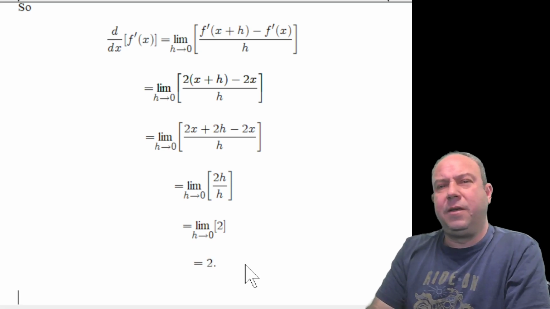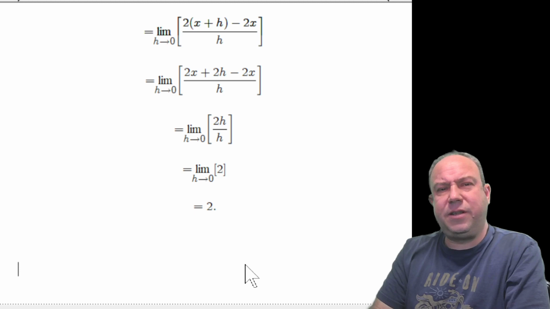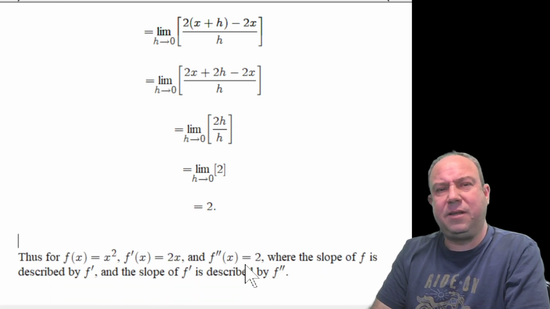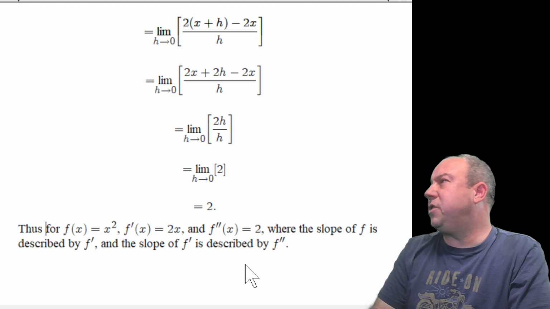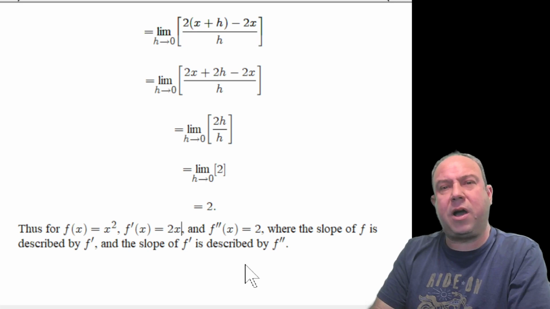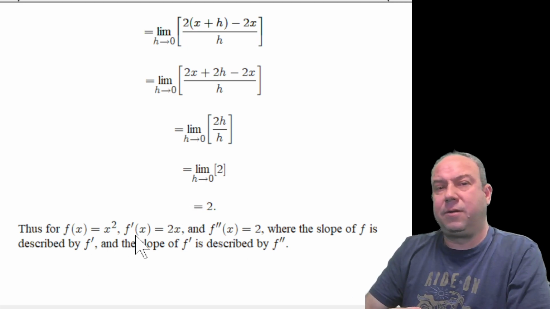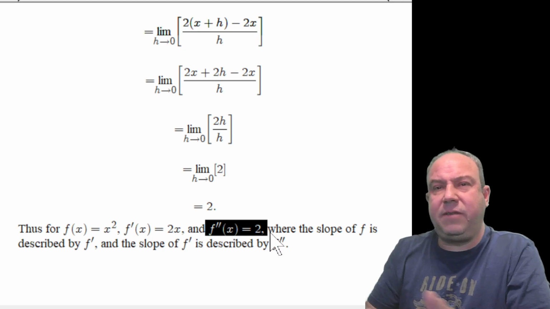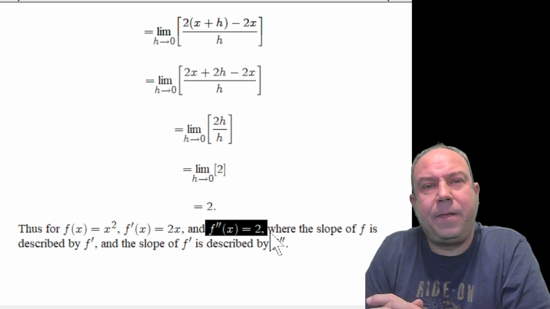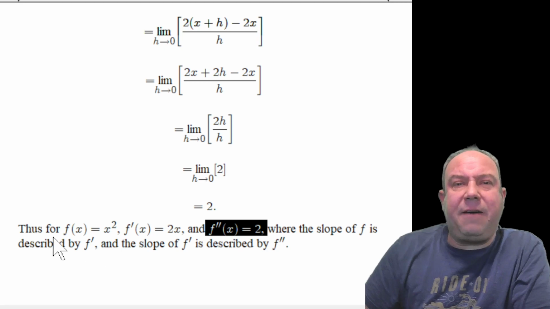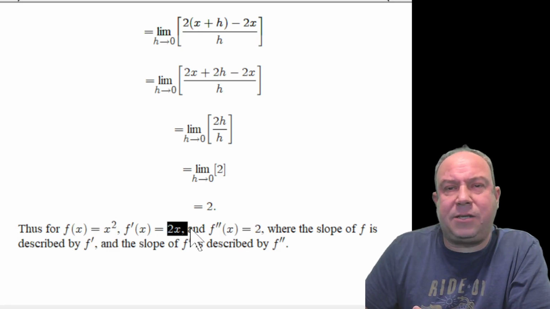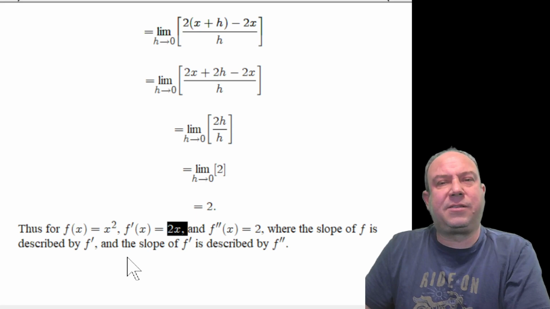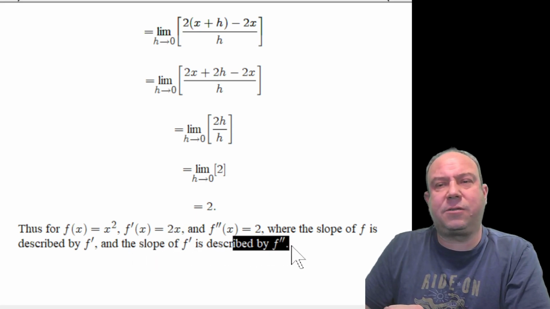All right. Is that where I finish? Thus, I think I do have a thus statement. Yeah. Thus, for our function f of x equal to x squared, the first derivative of f, denoted as f prime, is 2x, as seen here. This is f prime of x is equal to 2x, and the second derivative is f double prime of x equal to 2. Where the slope of f, the slope of x squared, is described by 2x, and the slope of f prime is described by f double prime.